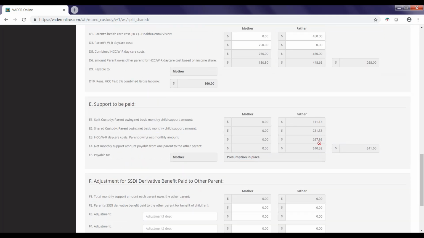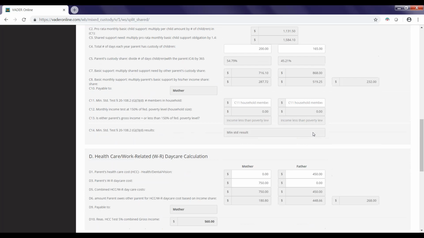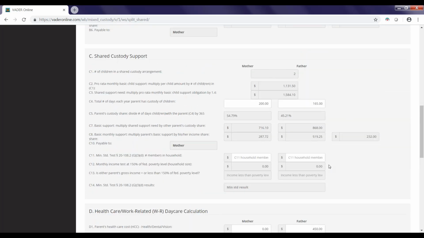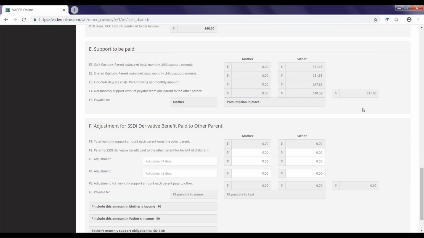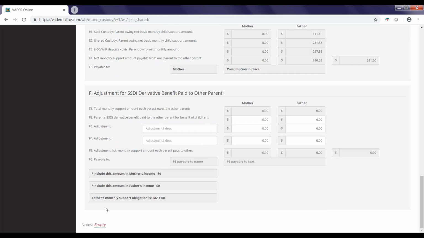That number, $267.86, gets added to dad's support obligation above for the shared custody support. And it all comes down to dad owing mom a total of $611, even though he has sole custody of 1 child, mom has sole custody of 1 child, and they share custody of the 2 other children.